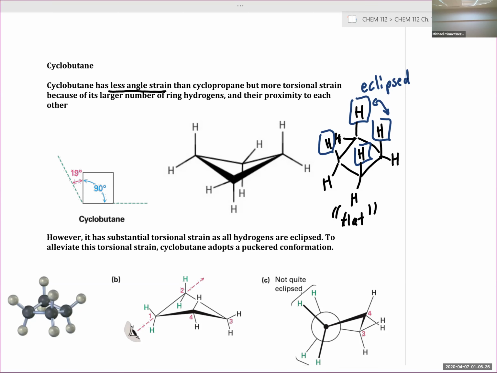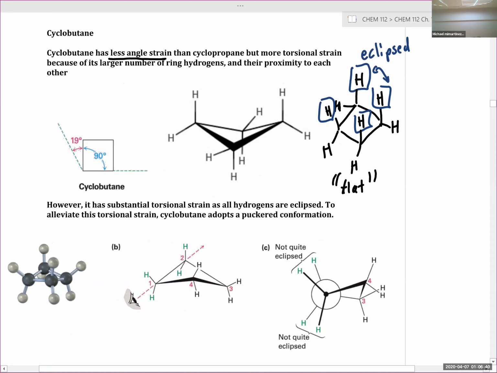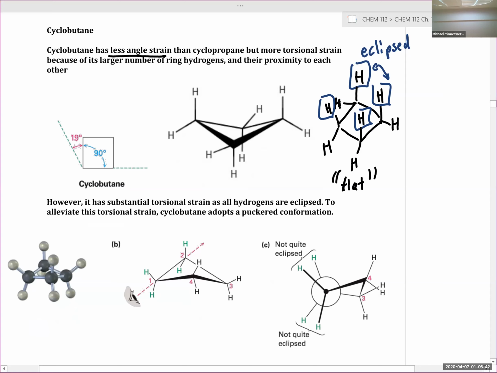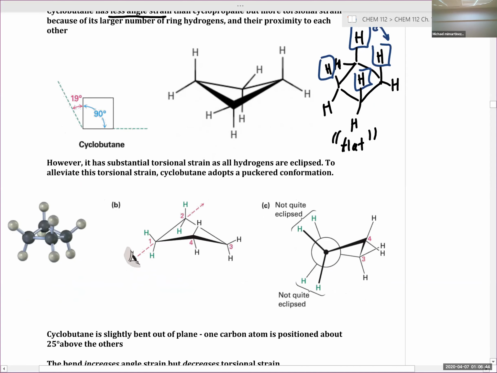Now, to minimize this torsional strain, as you even see from this depiction of cyclobutane, cyclobutane adopts a puckered conformation, where, in effect, 2 of our carbons are bent down.